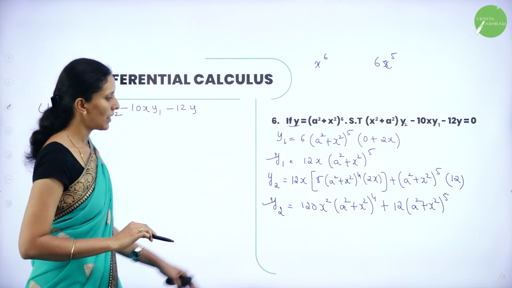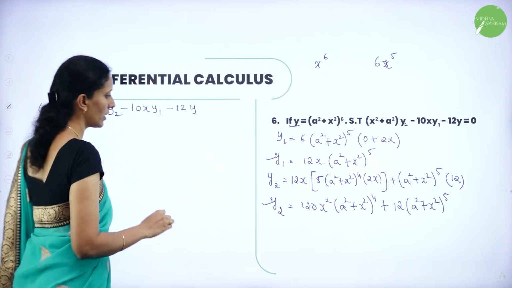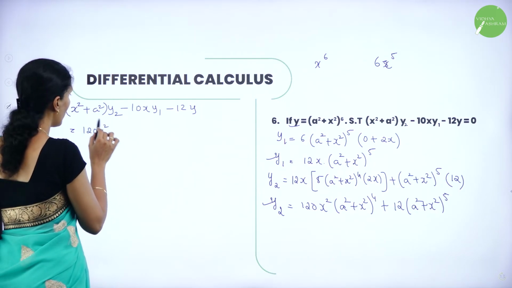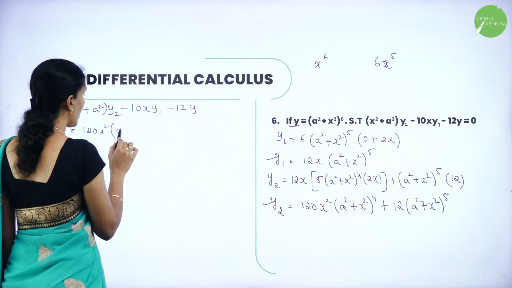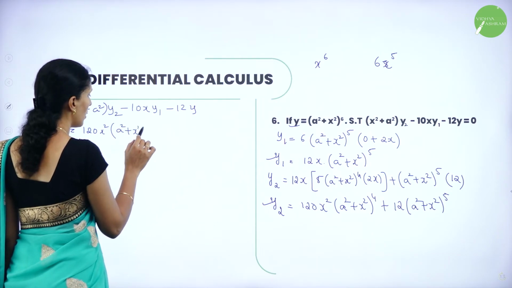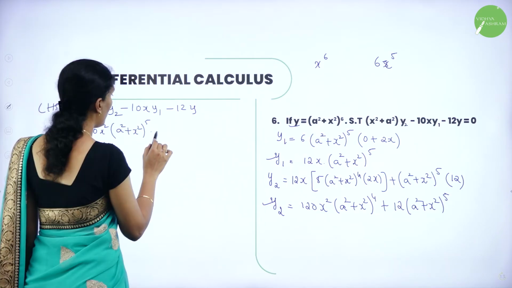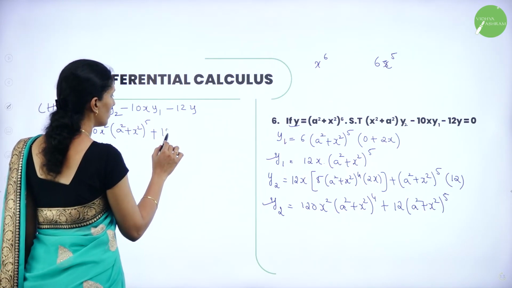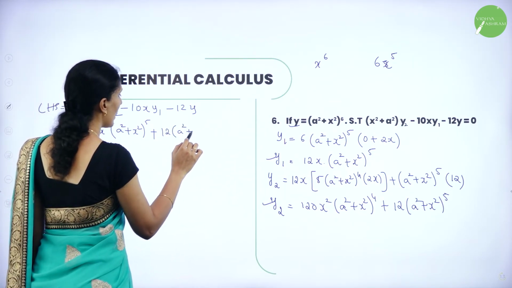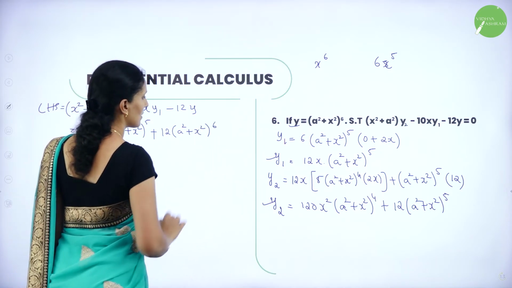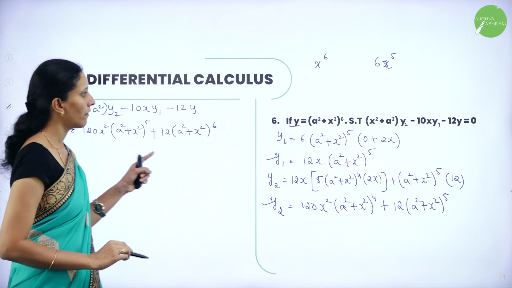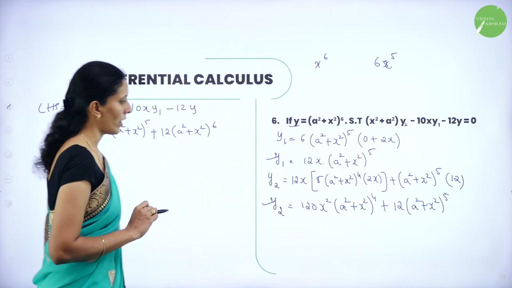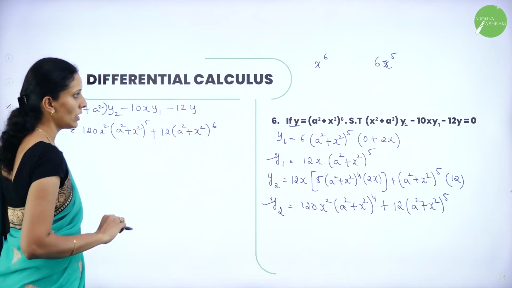So it becomes 120 x square into (a square plus x square) to the power 5 plus again we have 12 into (a square plus x square) to the power 6. We have multiplied one extra term, so the power rises by 1: 4 to 5 and 5 to 6.